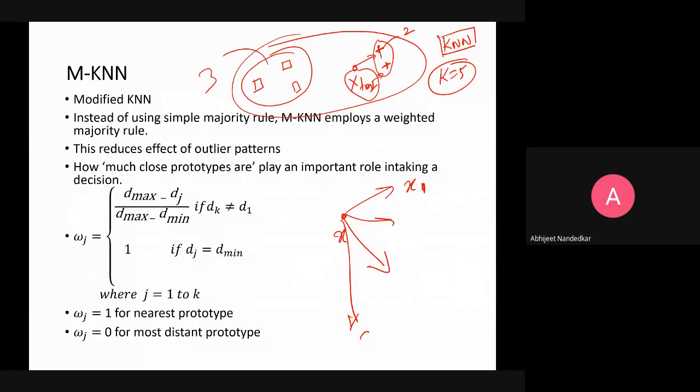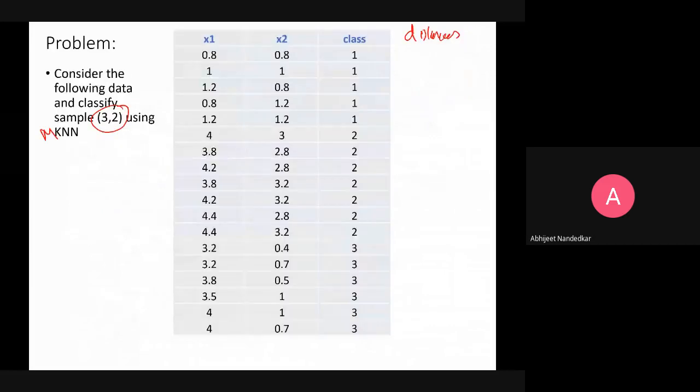Okay, so what we do is we take into account distance here between X test and the prototypes to take the decision. So same problem we have solved using distance taken into account.